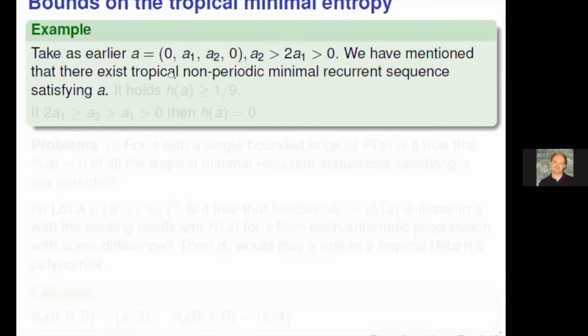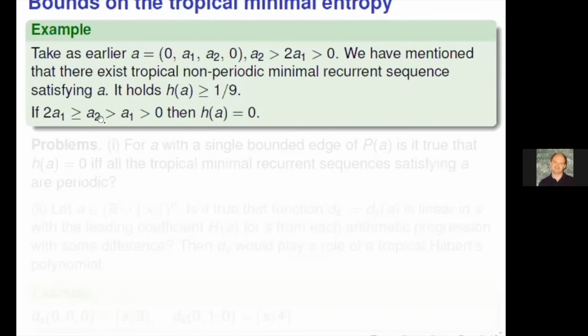And in this case, the small entropy, which is responsible for the minimal tropical recurrent sequences, is positive. This bound is not sharp, I guess, but it's at least positive. It's at least 1 over n9.